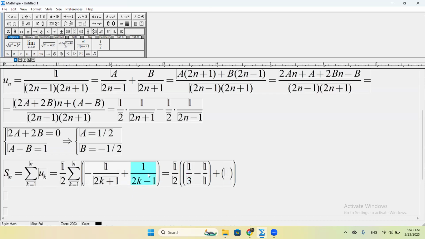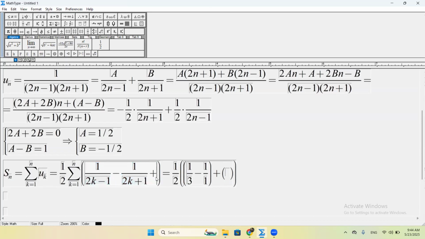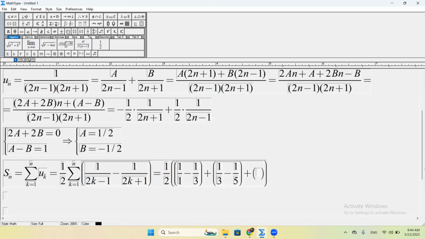Let me rewrite it. Let me change the order here. So 1 over 2k minus 1 minus 1 over 2k plus 1. So 1 over 1 minus 1 over 3. And here 1 over 3 minus 1 over 5. And then the third term 1 over 5 minus 1 over 7.